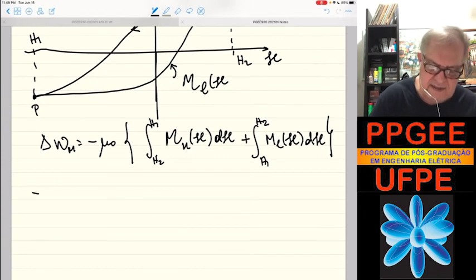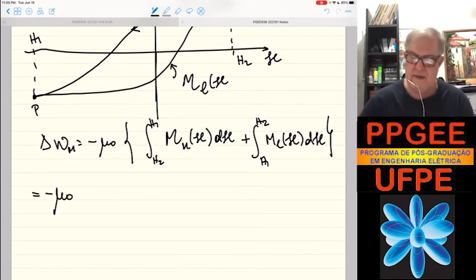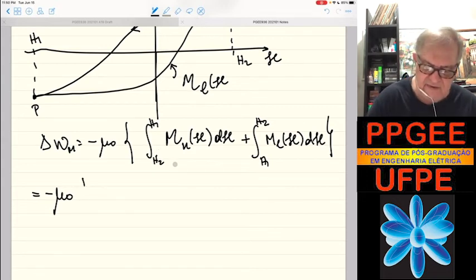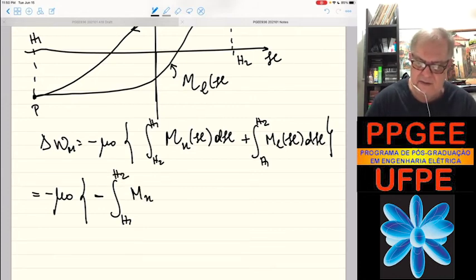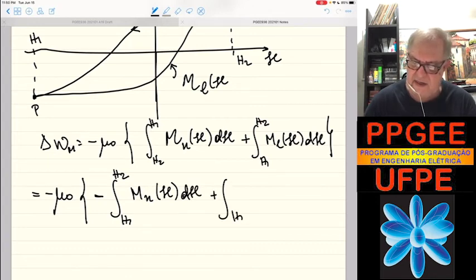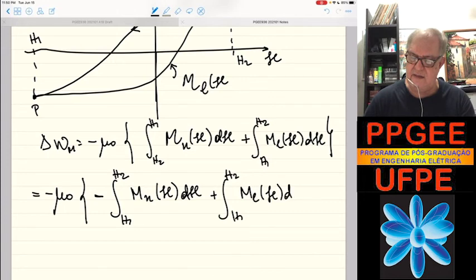Well, h1 is smaller than h2, so let's change the limits. It's going to give minus the integral from h1 to h2 of m upper of h dh plus the same integral, same limits h1 to h2, of m lower of h dh.